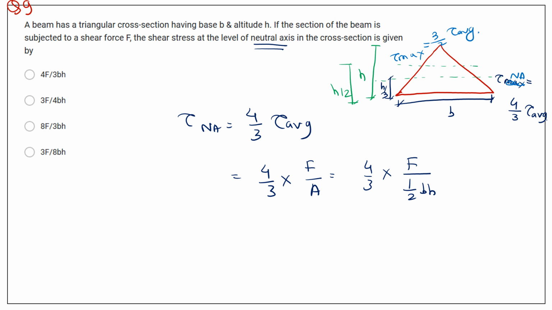After calculation we get 8F divided by 3BH. So this is the shear stress about the neutral axis. Option third is correct, which is 8F divided by 3BH. The next question.